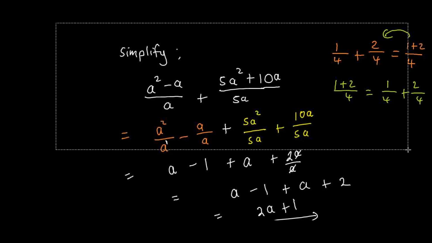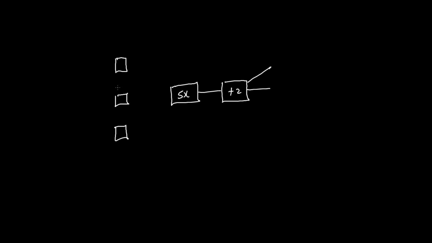Last thing I wanted to quickly discuss with you is functions, right? A function is basically an input to an output. What do I mean by that? Let's say I have a diagram that looks something like this. I have 5x and I have plus 2, and it all connects to this diagram.